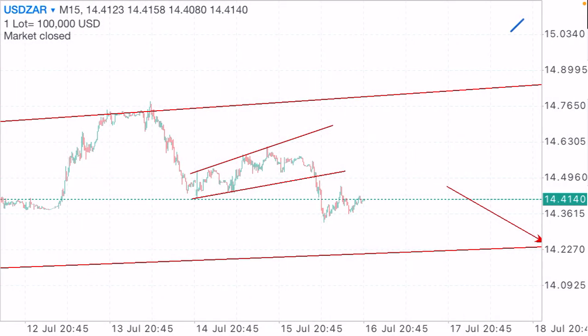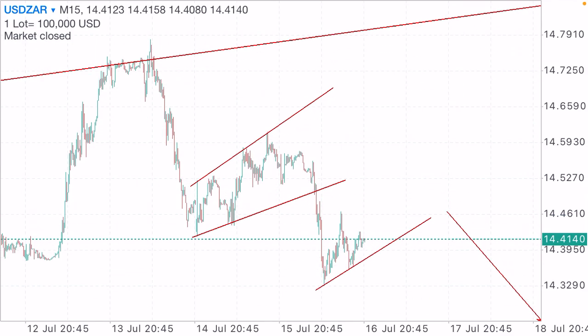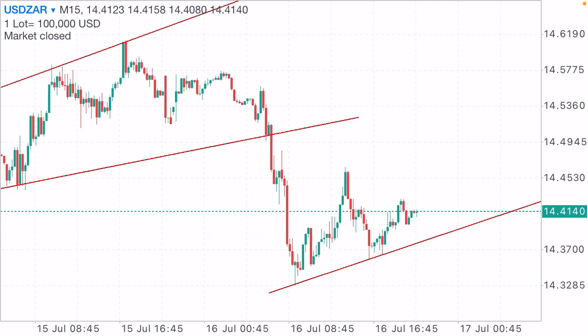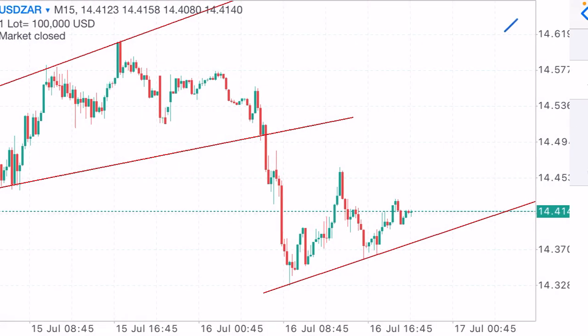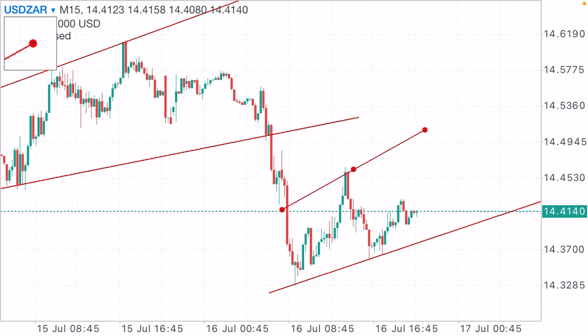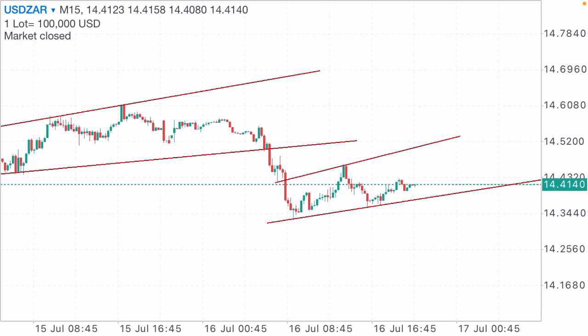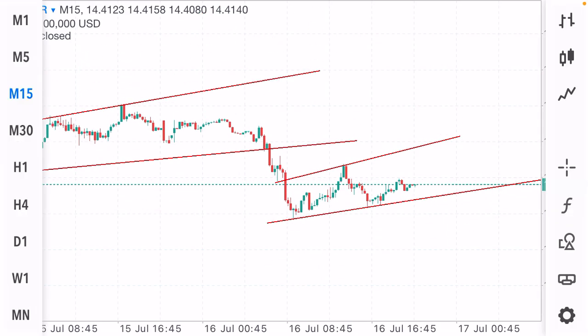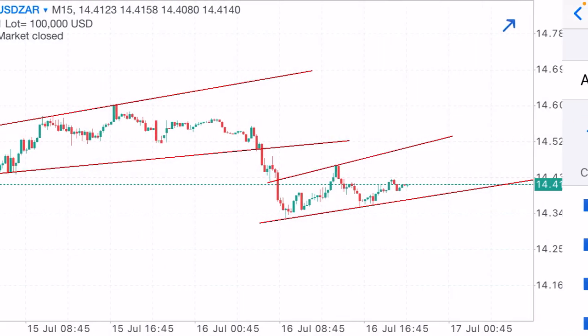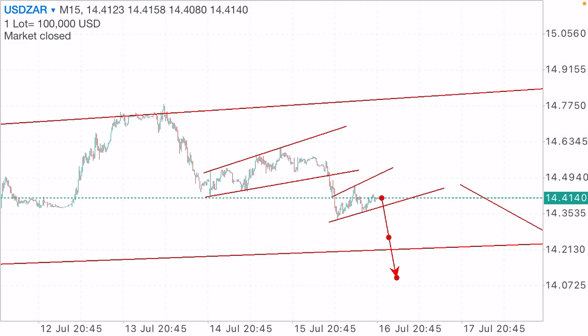So that's what we have there. So what we expect is that the price will push down like that.